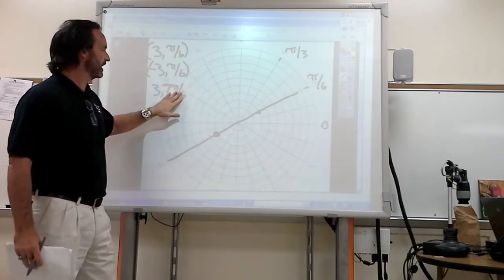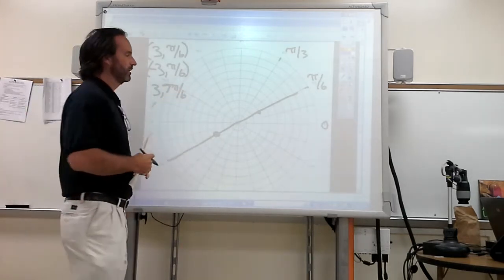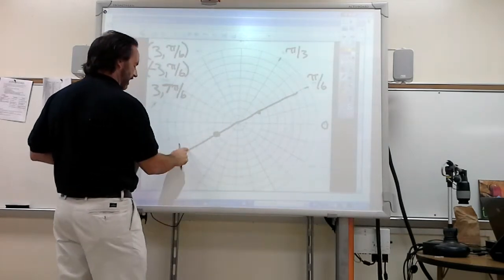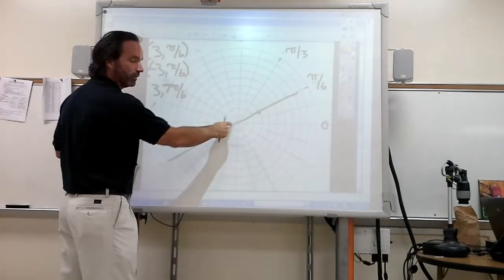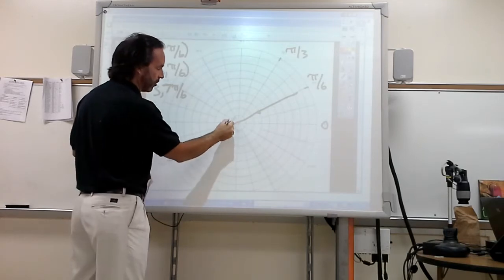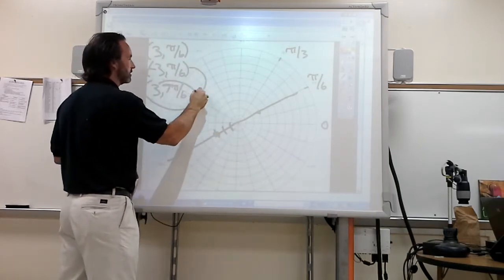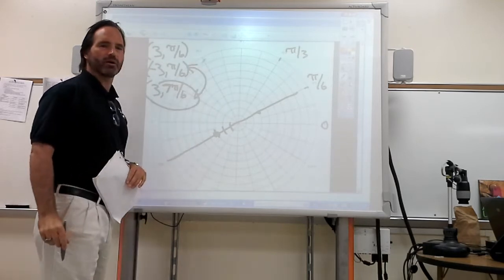I go to the angle first, theta, and I go 1, 2, 3, 4, 5, 6, 7, 7 pi over 6, and I locate the angle first, and then I go 1, 2, 3. So notice this and this are the exact same point.